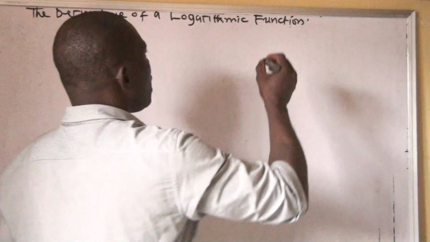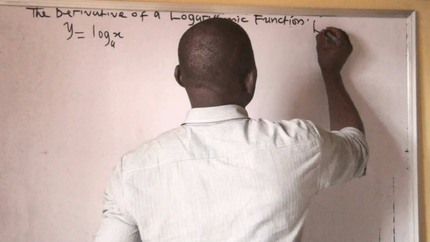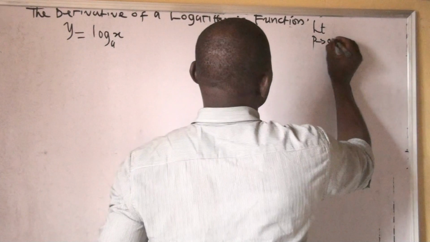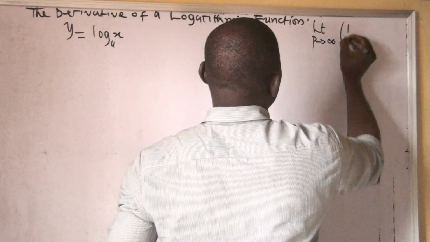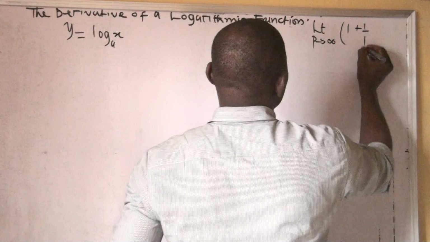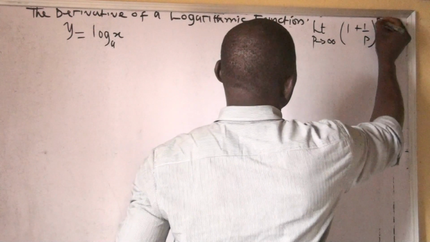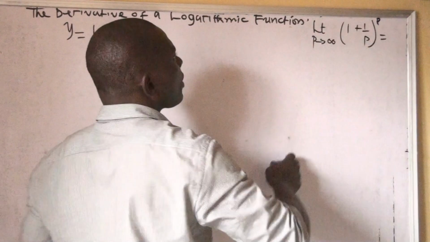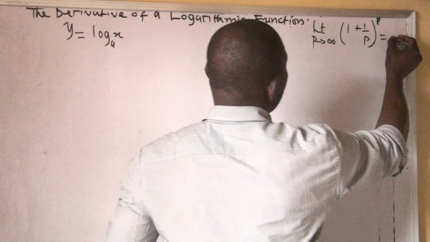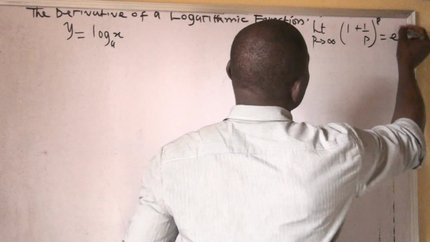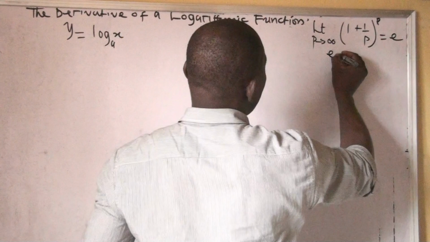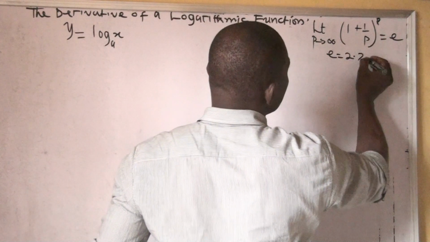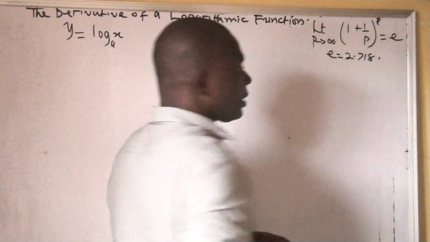Now, if you recall, the limit as p tends to infinity of the function 1 plus 1 over p, raised to the power p, as it tends to infinity, the value will be e, which is approximately 2.718.